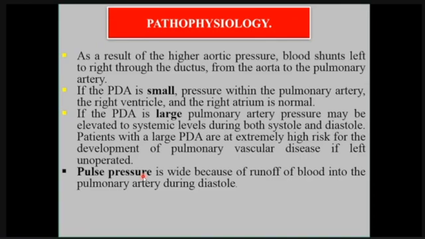So the pressure in the aorta drops below 80 because part of the blood is escaping from the aorta to the pulmonary artery, and instead of being 80, it will be, for example, 50 or 40. If it is 60, for example, 120 minus 60 is 60. So the pulse pressure is wide compared with the normal pulse pressure. Why? Because of the run of blood into the pulmonary artery during diastole.